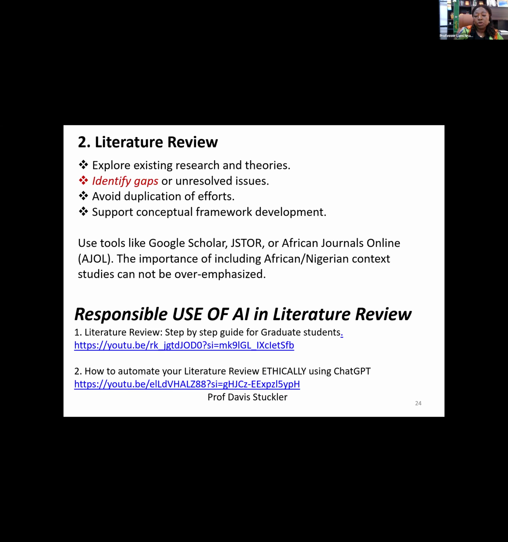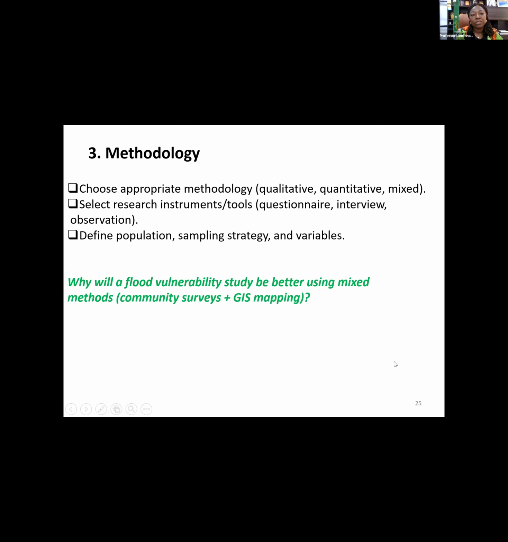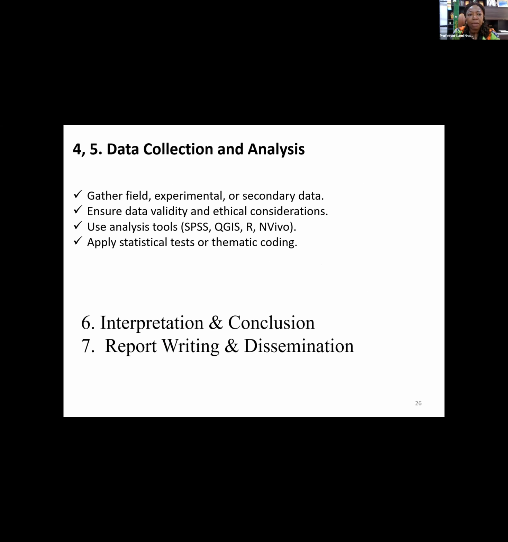After literature review, usually the 3rd chapter is research methodology. Okay? And we have said that when you are talking about research methodology, you are going to be mentioning the specific methods as well: flood vulnerability, community surveys, and GIS mapping.